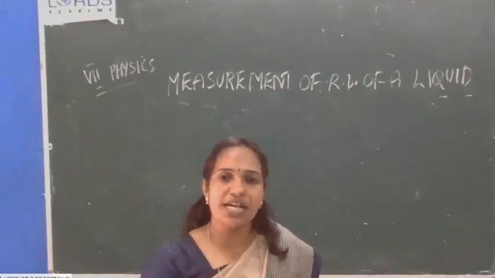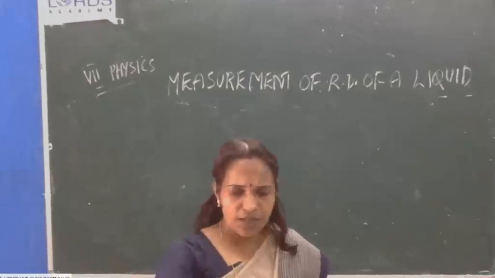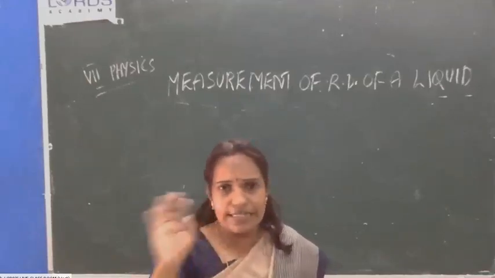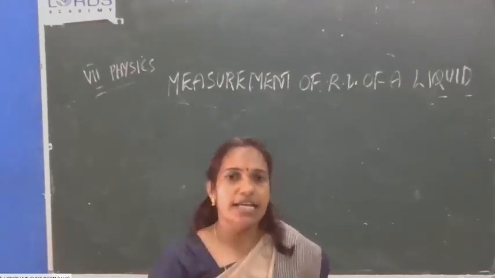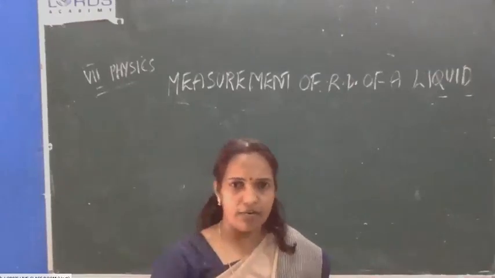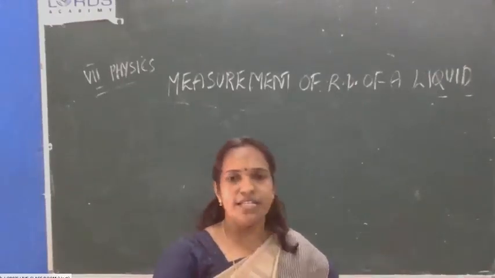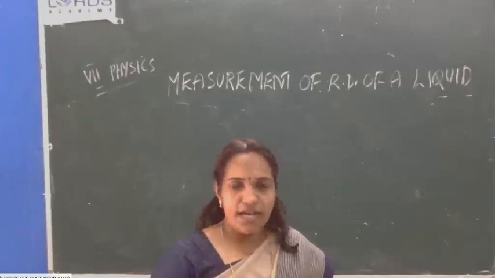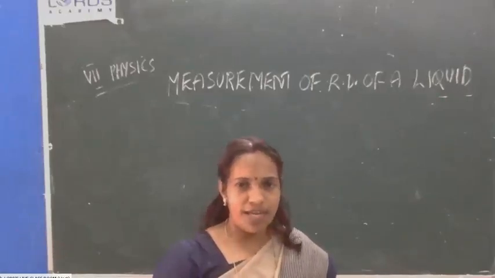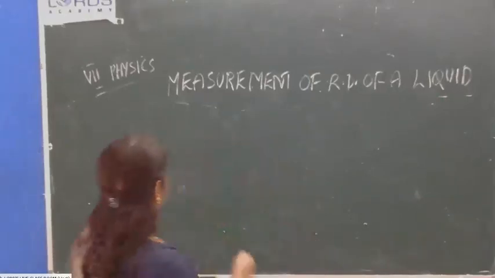First we have to take an empty beaker. Make it dry. Just take a measuring beaker, place it on a beam balance and measure its mass. Let it be M1.